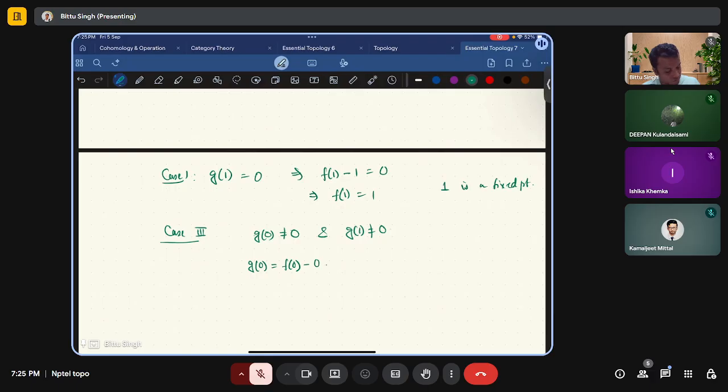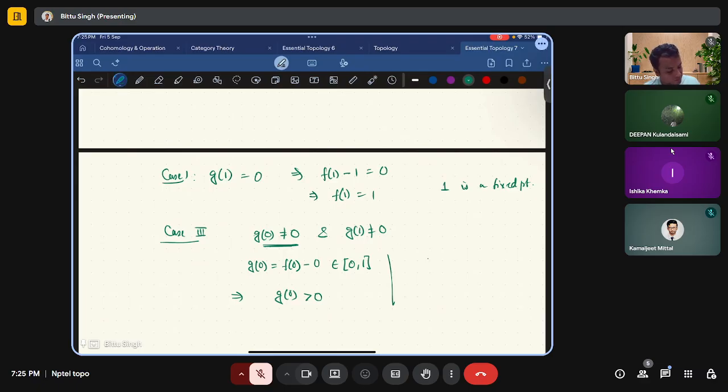So f(0) belongs to [0, 1], but this is non-zero. Therefore, g(0) is positive, because f(0) belongs to [0, 1], but it is also given that g(0) is non-zero. Therefore, g(0) is positive.